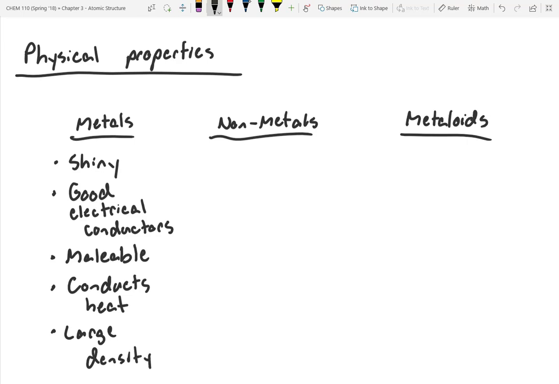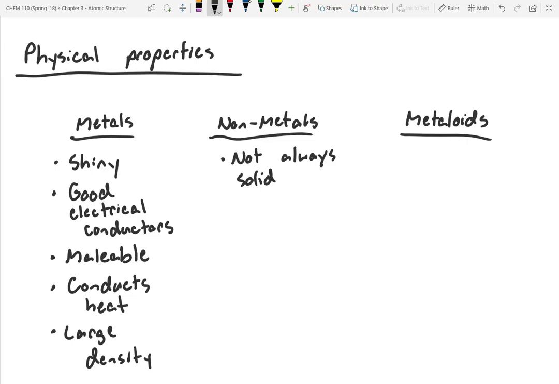All right, and nonmetals, on the other hand, are not always solid. So for example, helium and hydrogen, neon, argon, all of those are gases. They're not solids. Any of the red items on the periodic table in the classroom, those are all gases, not solids.